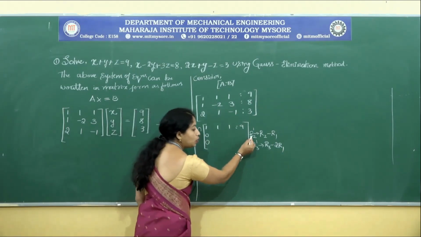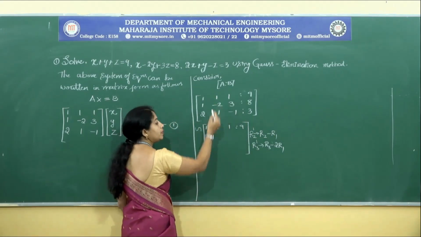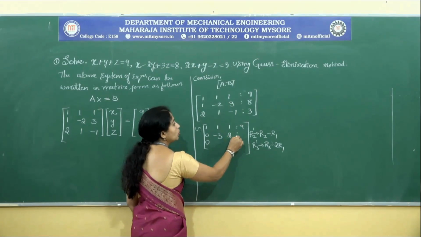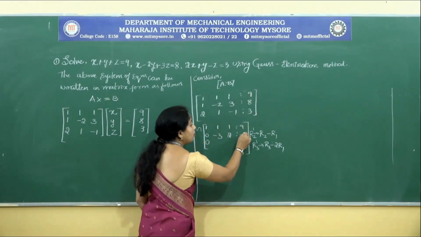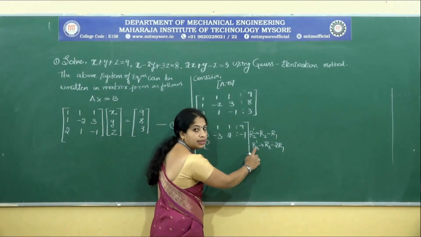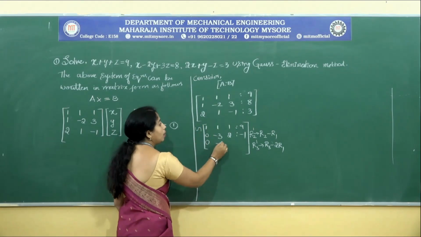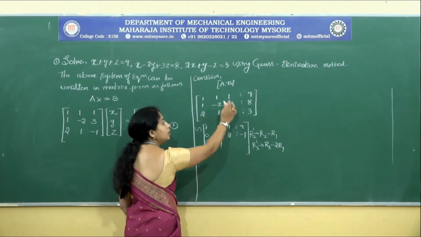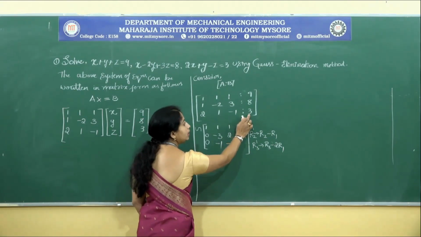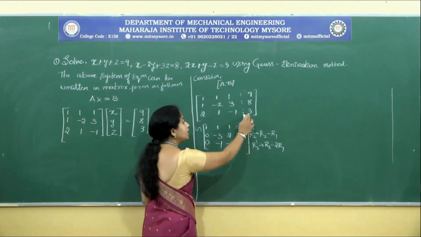See the first one, R2 dash equals R2 minus R1: 1 minus 1 is 0, minus 2 minus 1 is minus 3, again 3 minus 1 is 2, 8 minus 9 is minus 1. See the third row operation, R3 dash equals R3 minus 2R1: 2 minus 2 is 0, 1 minus 2 is minus 1, minus 1 minus 2 is minus 3, and the last element is 3 minus 2 times 9, 2 times 9 is 18, 3 minus 18 is minus 15.